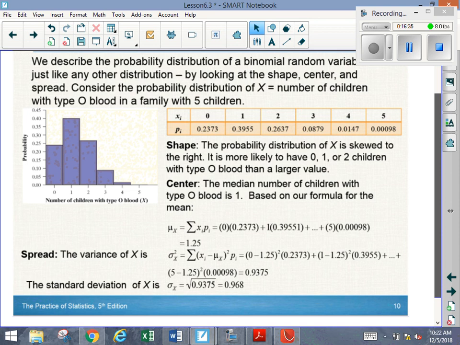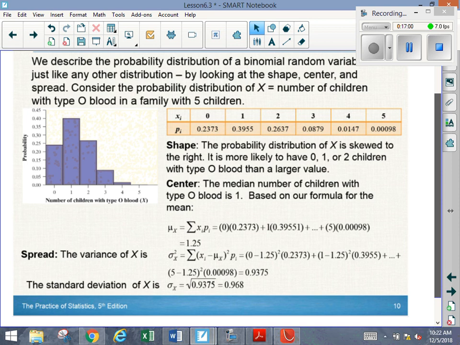And it turns out that as you add events, as this distribution gets larger and larger, you can use a normal distribution to approximate these as well, and vice versa. We'll look at mean and standard deviation here in a little bit.